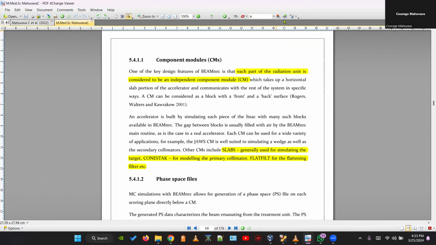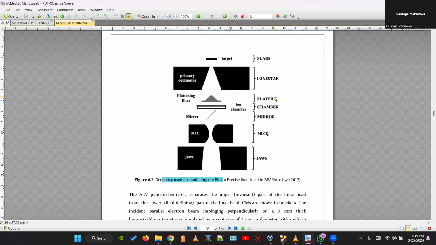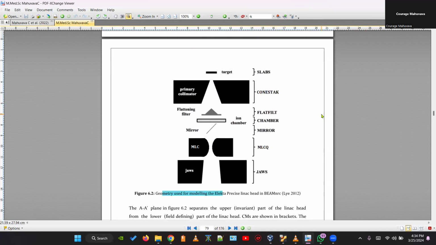So this is an illustration, for example, of a linear accelerator, right? So what Monte Carlo does is it uses what we call component modules to model each and every component of the radiation unit. So for example, you do have the target. If you are operating in photon mode, you do have an X-ray target, right?